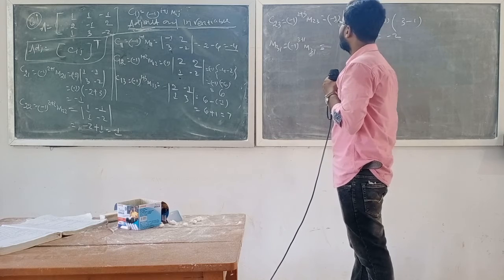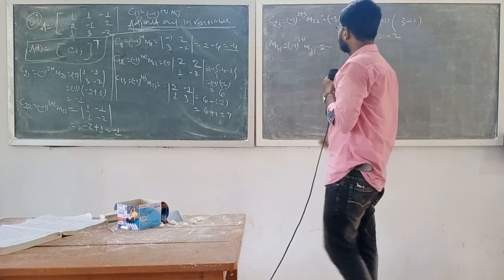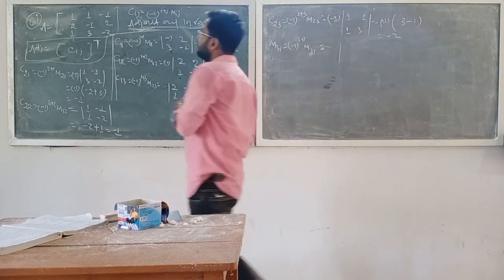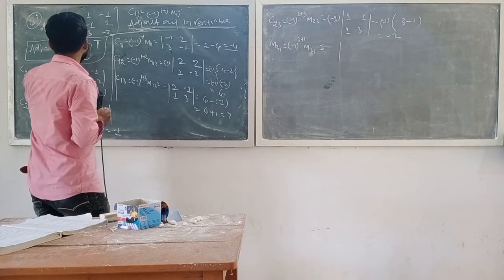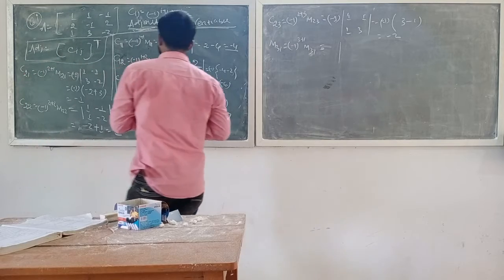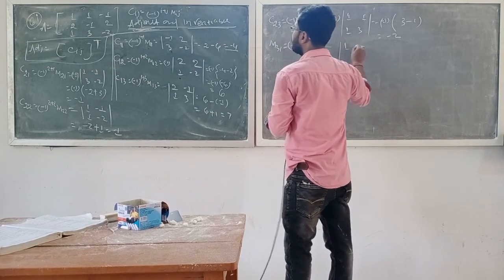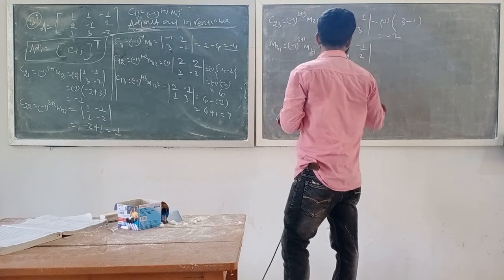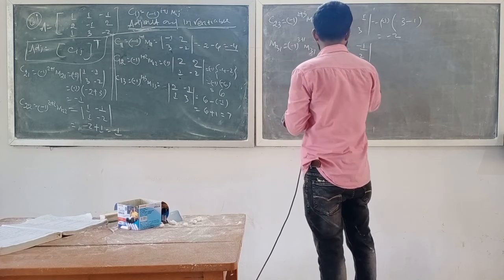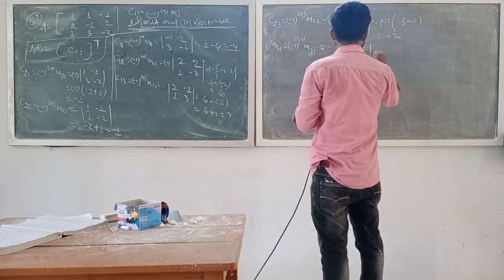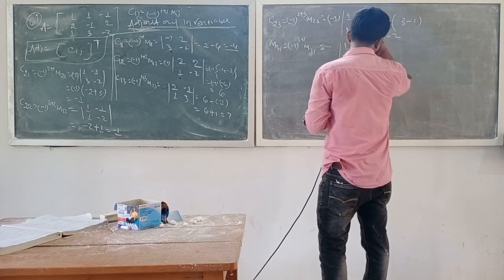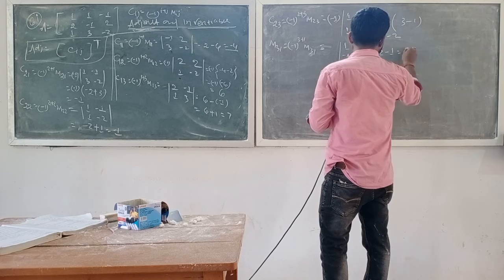M31 is deleting the third row and first column. The remaining elements are 1 minus 1, minus 1 2. So that 2 minus of minus plus 1, that is 1.